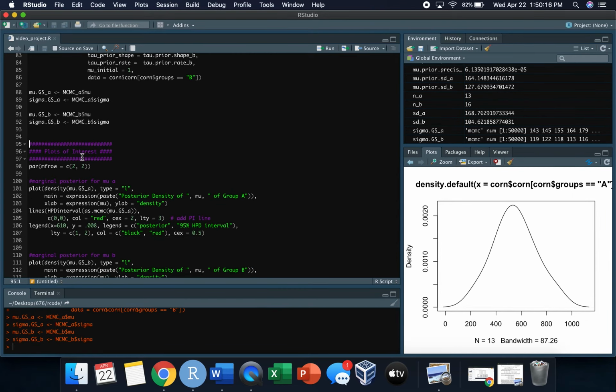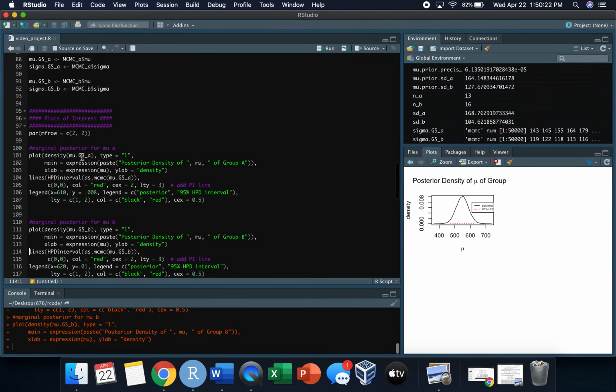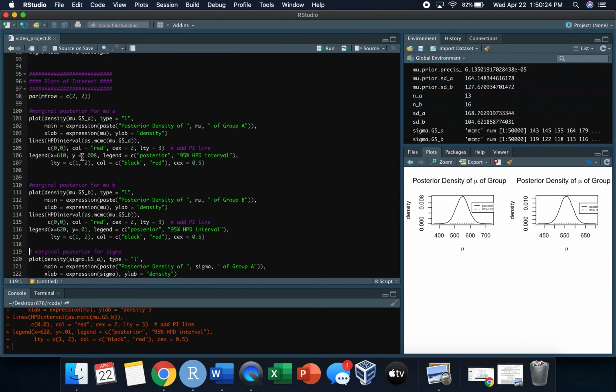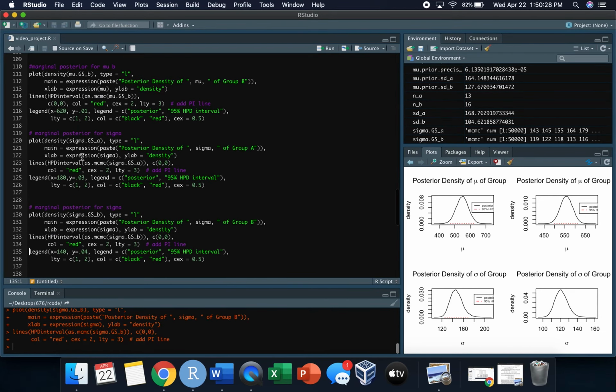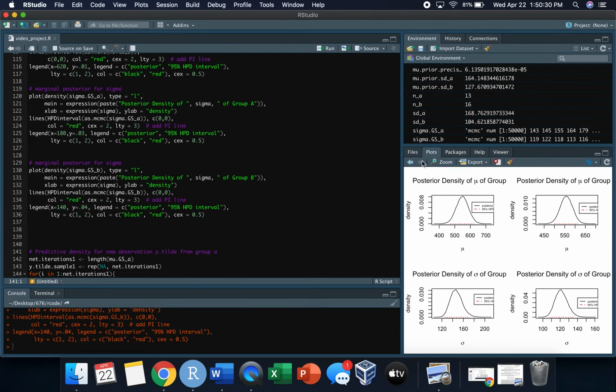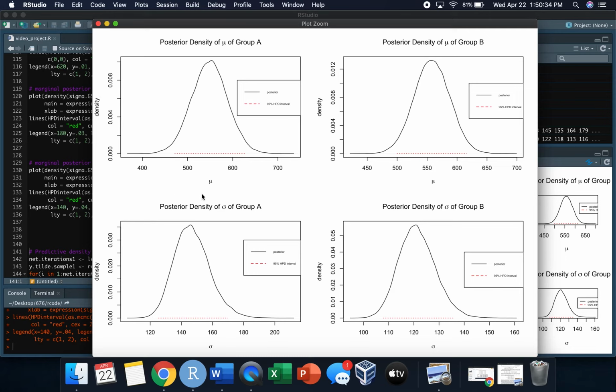Now here are a couple plots of interest using that simulation. So we have the marginal posterior for mu for groups A and B, and then the marginal posterior for sigma for groups A and B. Okay, so the top two are the posterior densities of mu for group A and B. So what we can really see is there's not a huge difference.